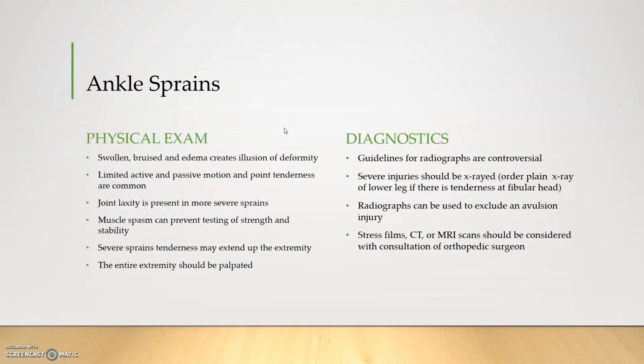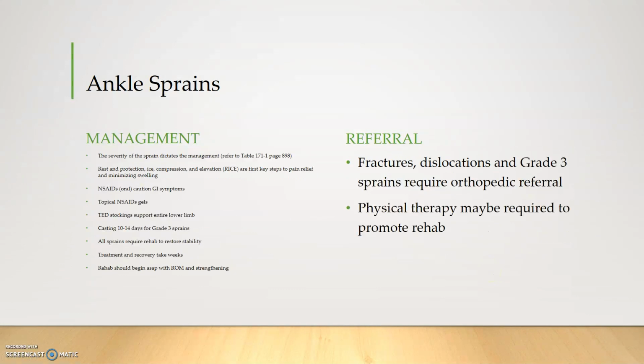It's really helped me, especially when I began to practice, and I follow those rules, and the evidence bears witness that they're very accurate. Radiographs can be used to exclude an avulsion injury if you're worried about that. Stress films, CT or MRI scans can be considered with the consultation of an orthopedic surgeon. When you're thinking about stress films, CT or MRI, you're looking at a much more serious injury that needs orthopedics involved.